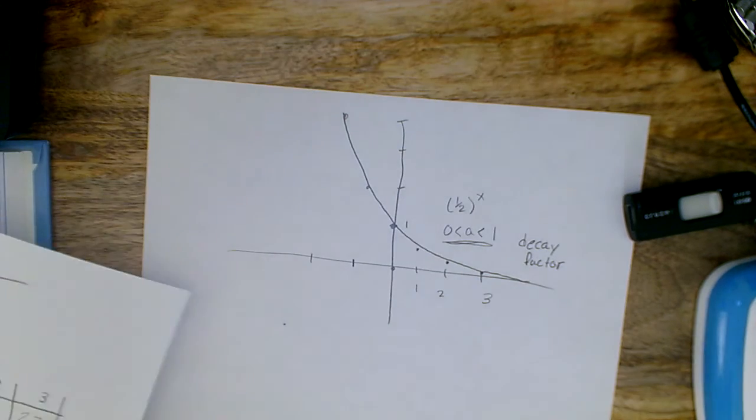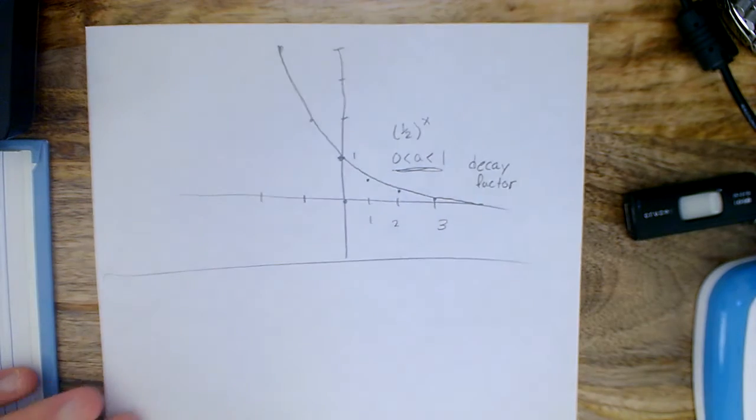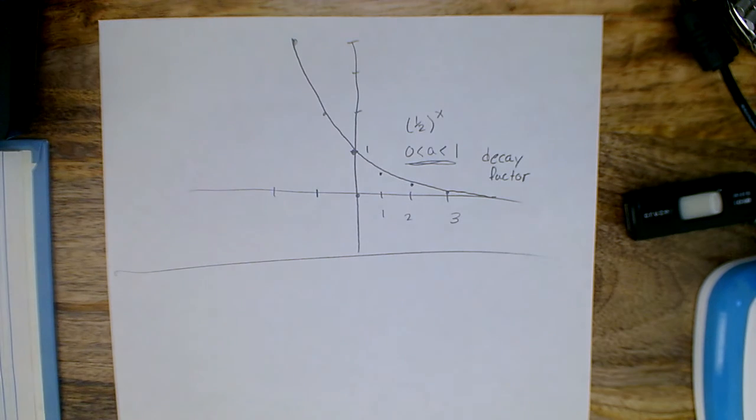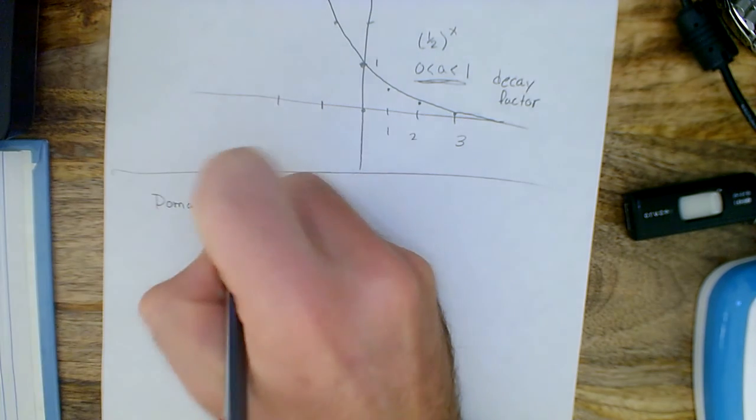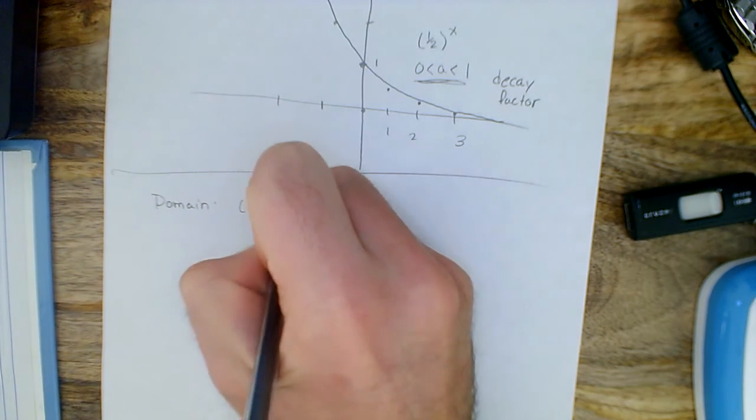Alright, so let's continue. Some other things you need to know about exponential functions: we already talked about the domain is negative infinity to infinity.